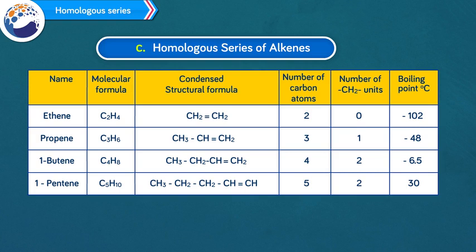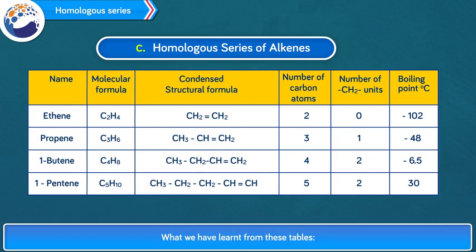Boiling point is -6.5. Similarly, 2-butene with molecular formula C5H10, structural formula CH3CH2CH2CH=CH2, has 5 carbon atoms. Number of CH2 units 3. Boiling point is 30.